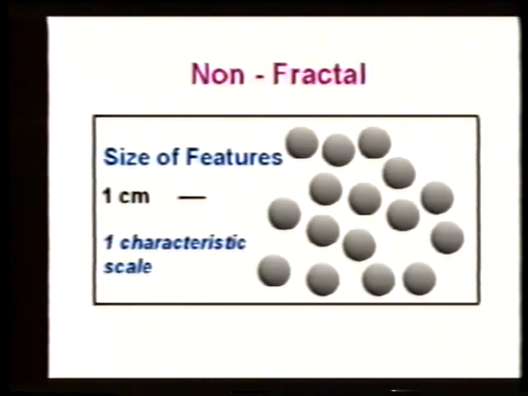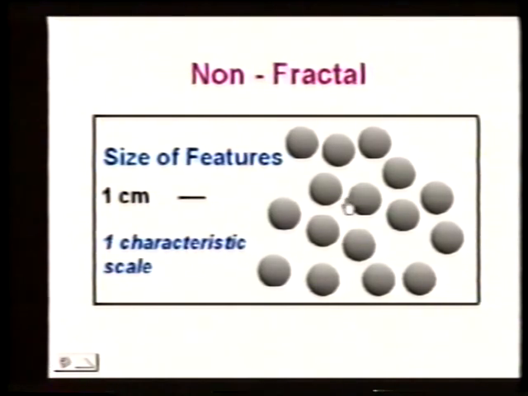Now, another way of describing this is looking at the sizes of the features of something. Or, as I said before, these could represent spheres in space. I'm saying spheres instead of little virus particles. Or they could represent symbolically the values of numbers of things. And I've drawn them here, or told someone else to draw them, all of the same size.